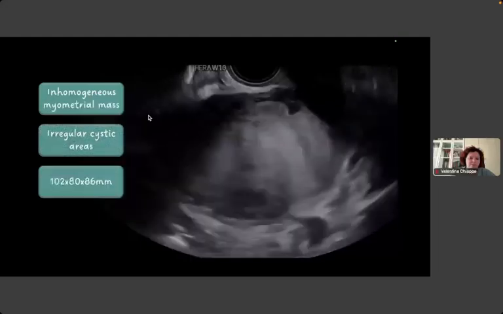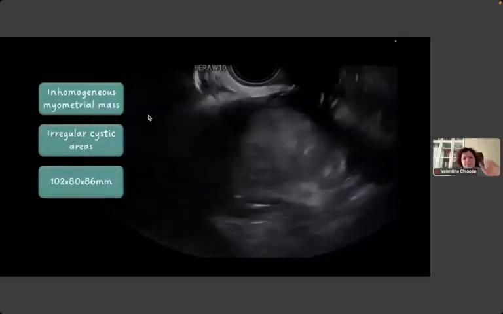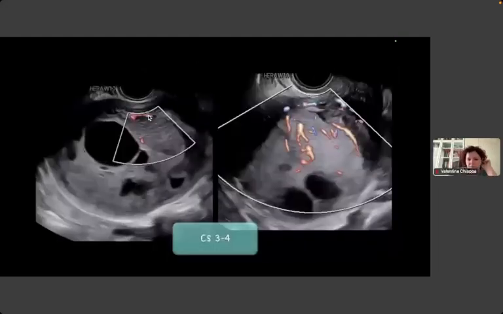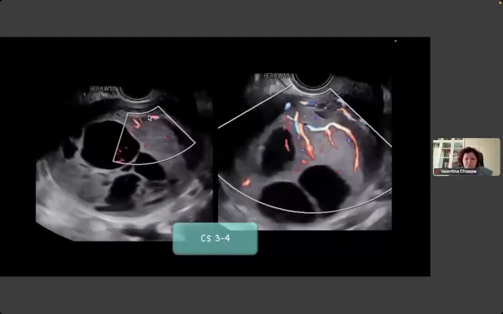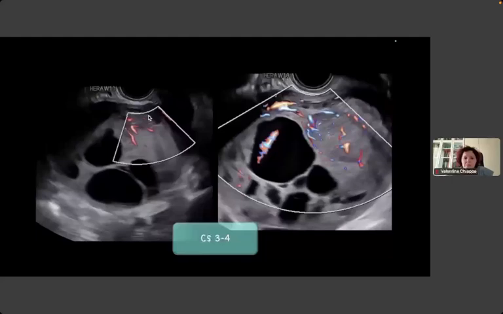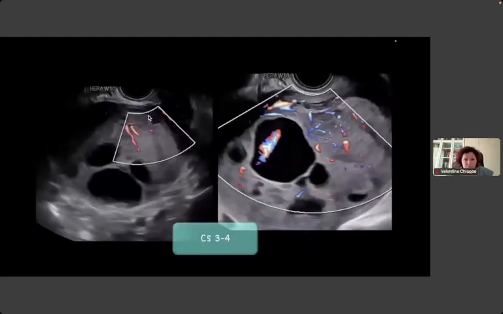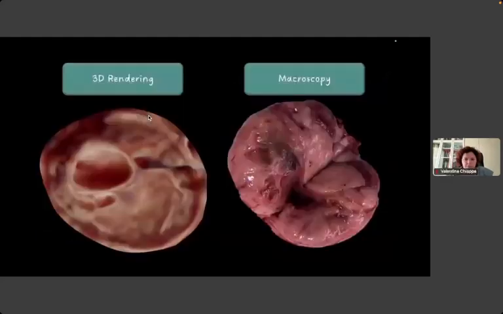The vascularization of the lesion was rich, with color score 3 to 4. The 3D rendering reflects very well the heterogeneity of the mass when cut after surgery. The 3D rendering on the left and the macroscopic specimen on the right.